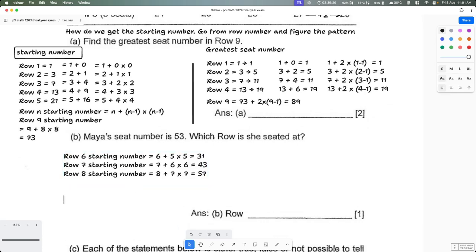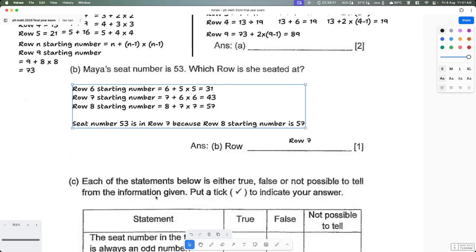So seat number 53 is in row 7 because row 8 starting number is 57. Okay, so that means row 7.